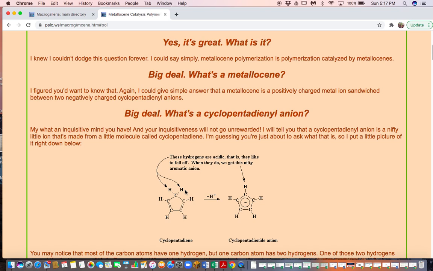We could pluck one of these off really easily, and what that does is that leaves a pair of electrons behind that can actually incorporate themselves into the ring and give you a delocalized aromatic arrangement. So this is an aromatic species, pretty stable, all right? And we showed this as one of the examples in OChem. Overall negatively charged.